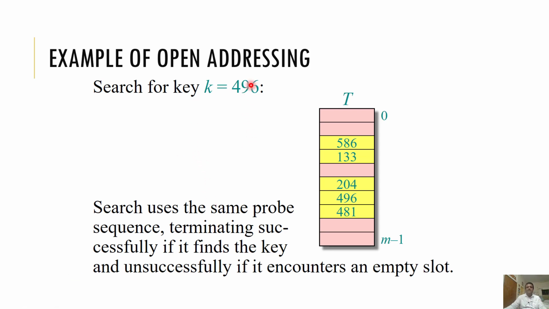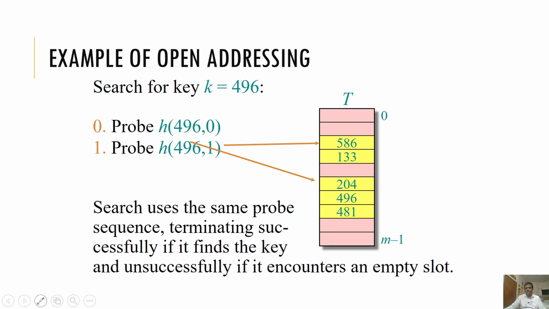So let us start searching for the record whose key value is this. We do the 0th probe, H0 of that. It will hit this slot, which is 204, but we are searching 496. We check that it is not 496, so we go for the next probe. The next probe hits this, which is 586, which is not 496.